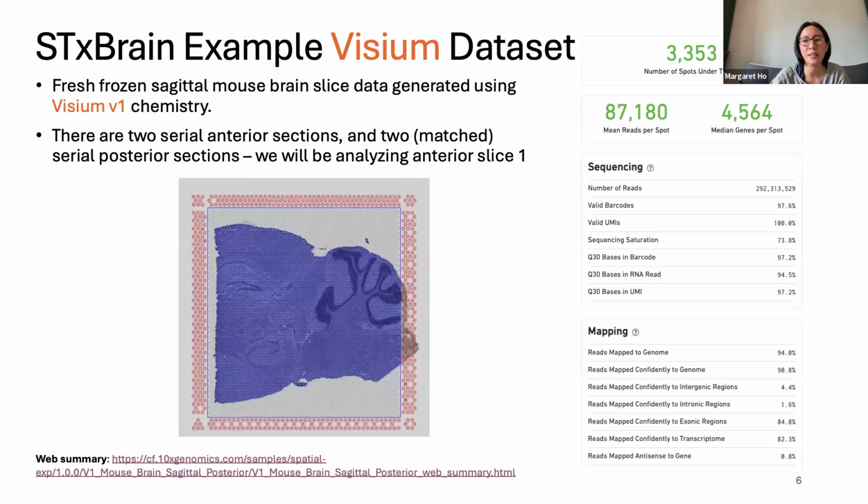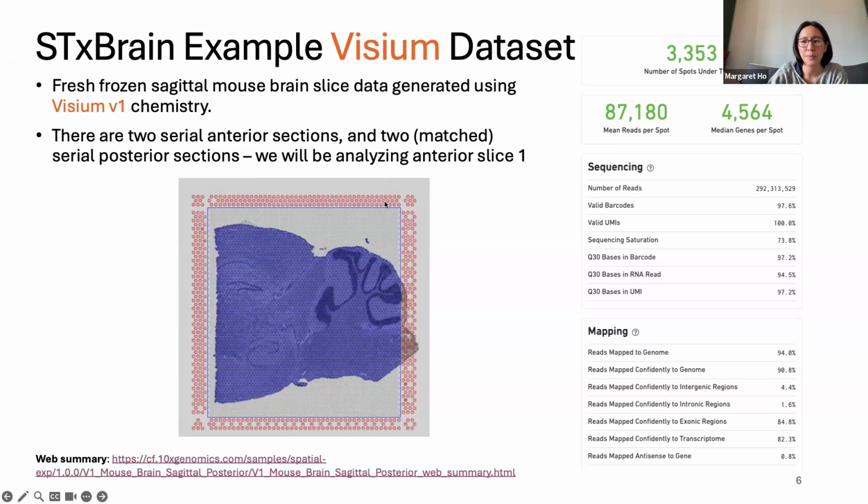So this is the data set we'll be analyzing. It's a fresh frozen mouse brain slice, which is sliced sagittally. This is what the tissue looks like on the slide. And you can see, hopefully, I'll actually pull it up in a bigger resolution later, the surrounding dots on the edge of the capture area that are used to calibrate and position the image.